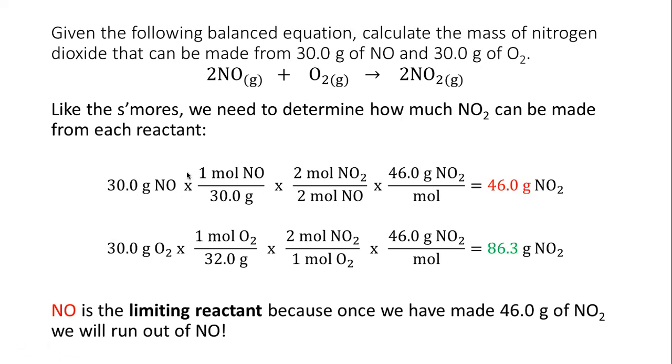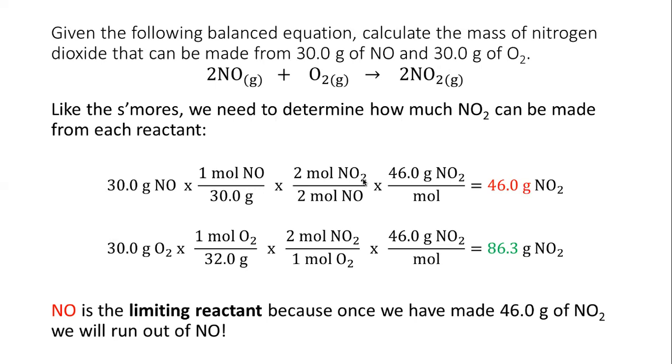We start with grams, and then we're going to use the molar mass to understand how many moles of nitrogen oxide we have. Then we're going to use our mole to mole ratio. So we have 2 moles of the product divided by 2 moles of our reactant. The moles and the moles cancel out, and we're left with 2 moles of our product, nitrogen dioxide.